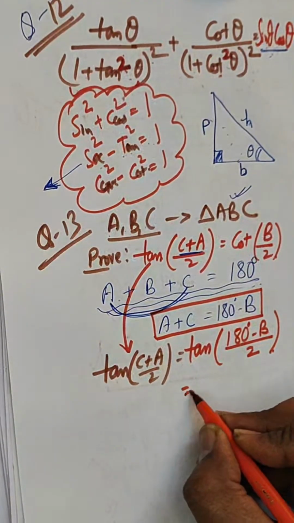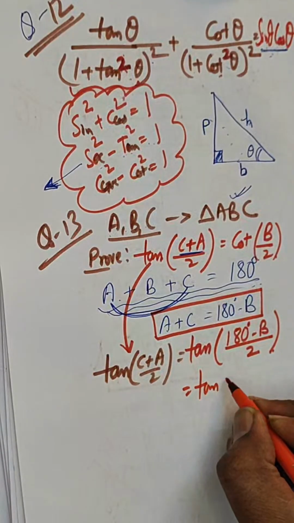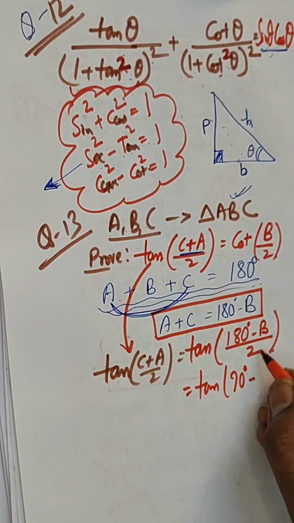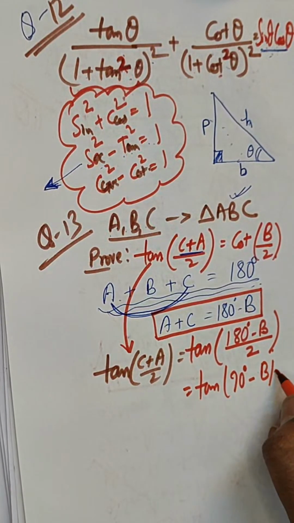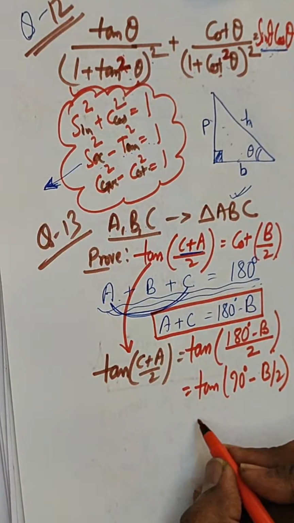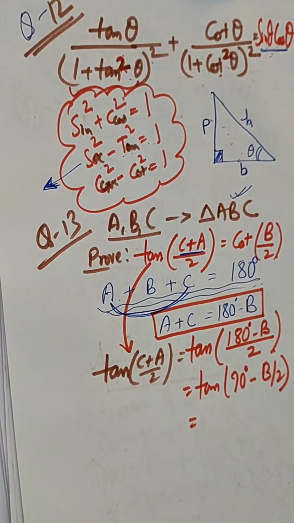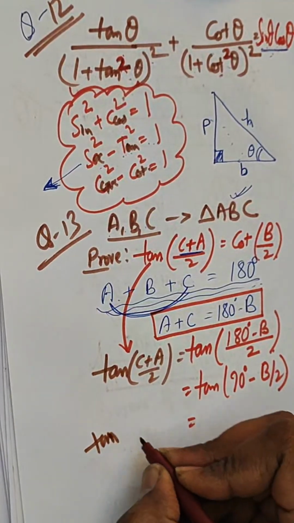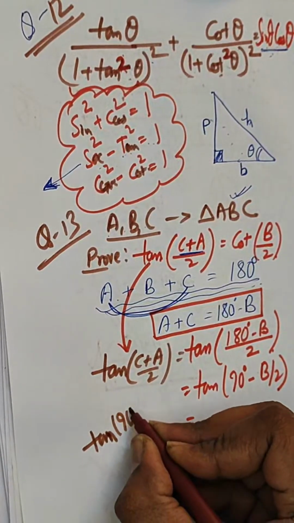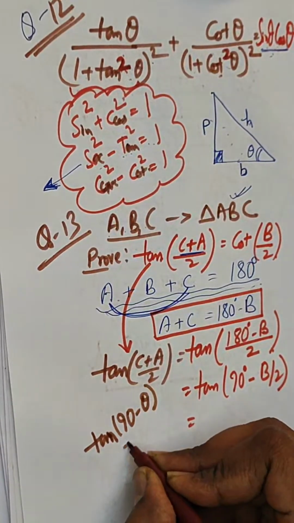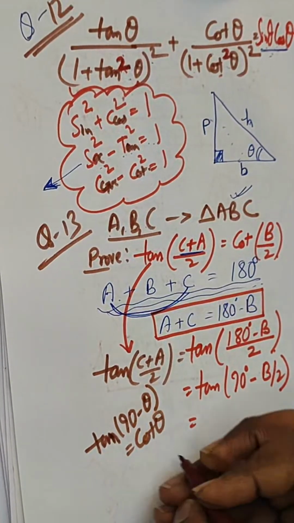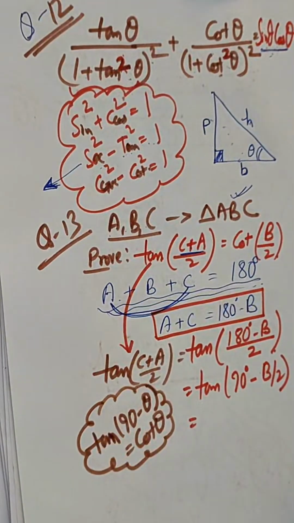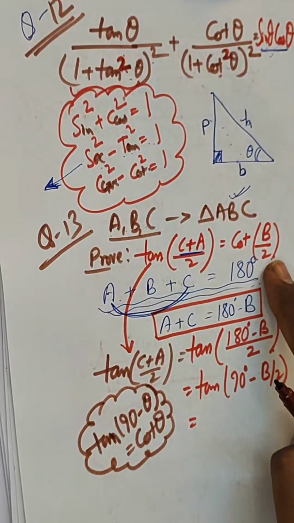This will give you tan of, if you divide 180 by 2 it will be 90, and B by 2 as it is. We know the formula. What is the formula? Tan of complementary angle concept: tan of (90 minus theta) is equal to cot theta.